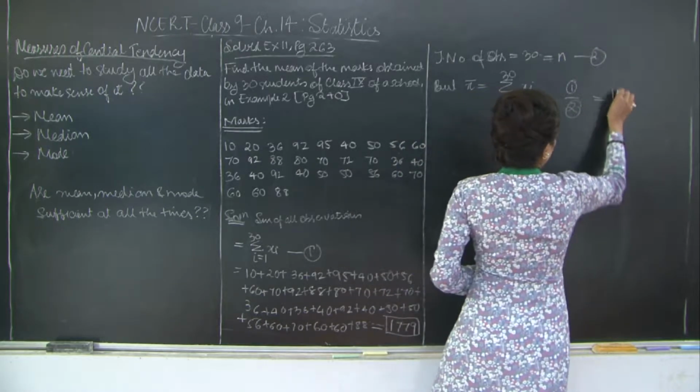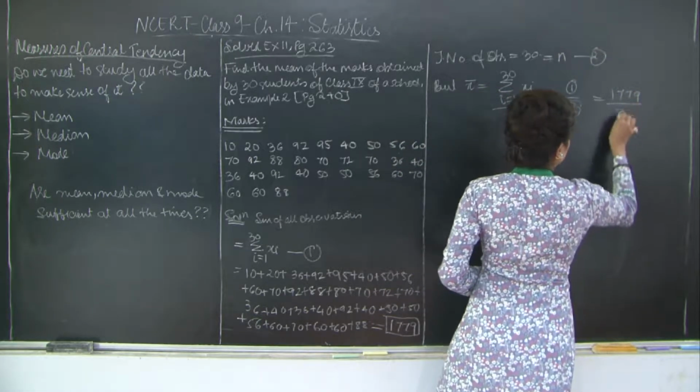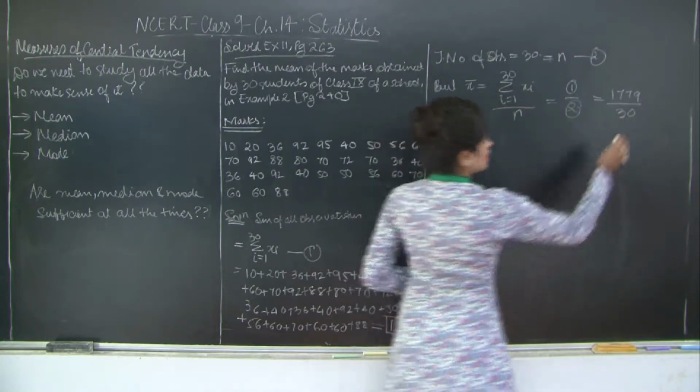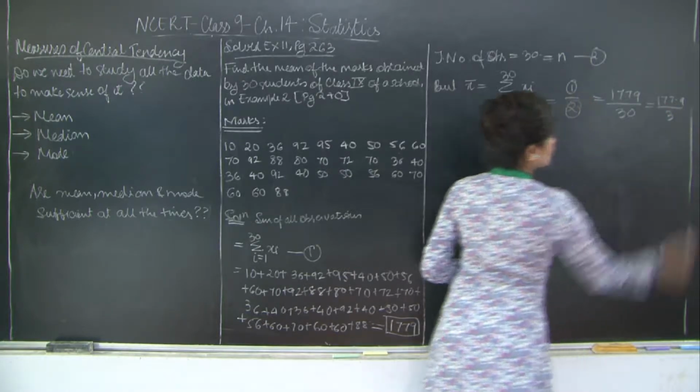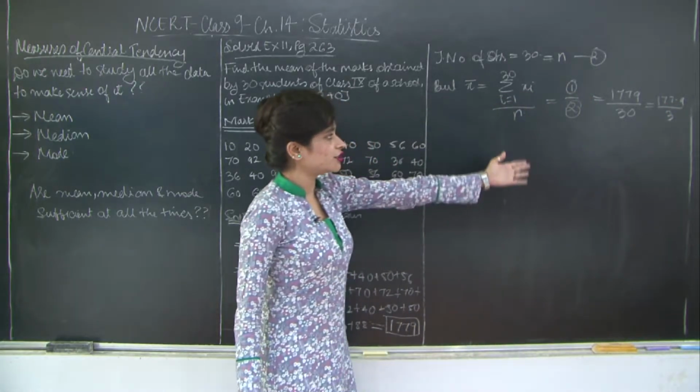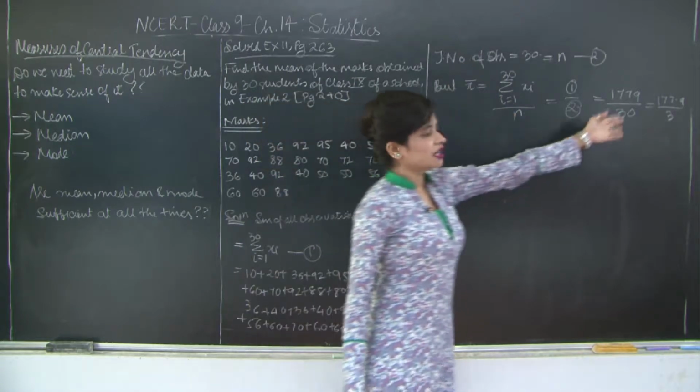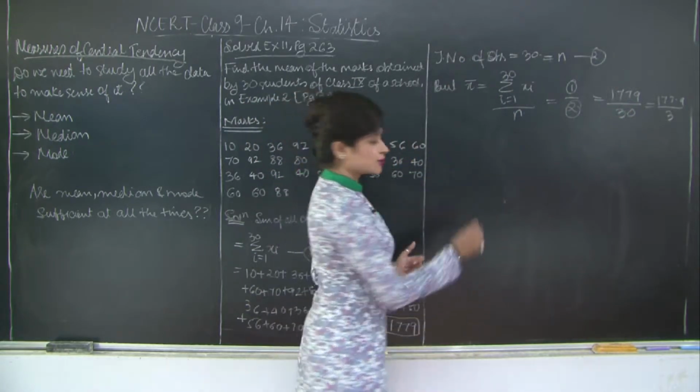So this is going to be 1779 upon 30. So this is nothing but 177.9 upon 3, right? I just got rid of the 0 in the denominator and put a decimal point in the numerator. So let's do this division.